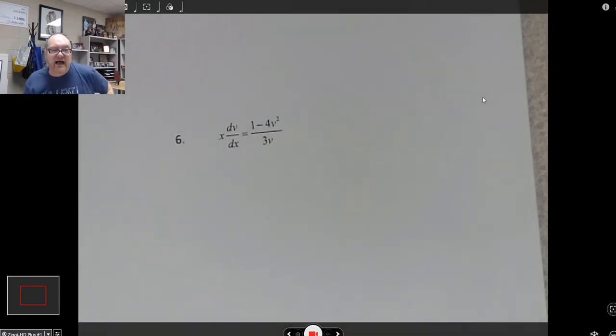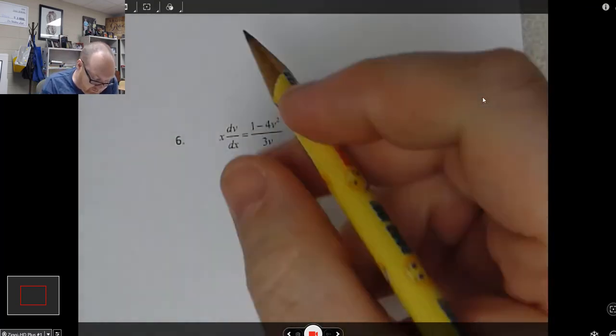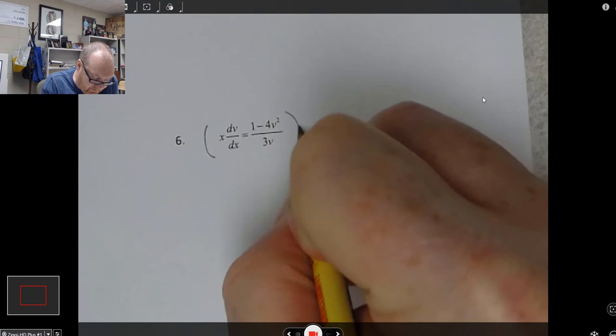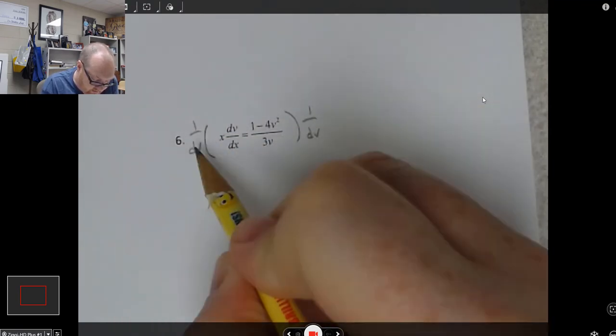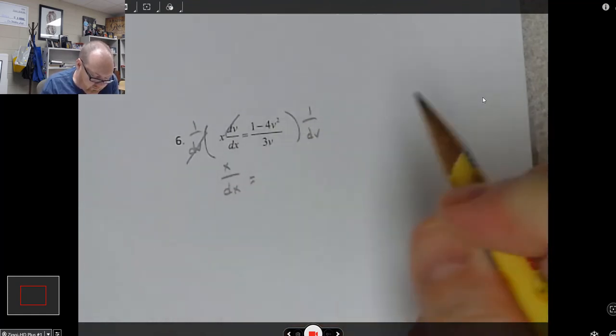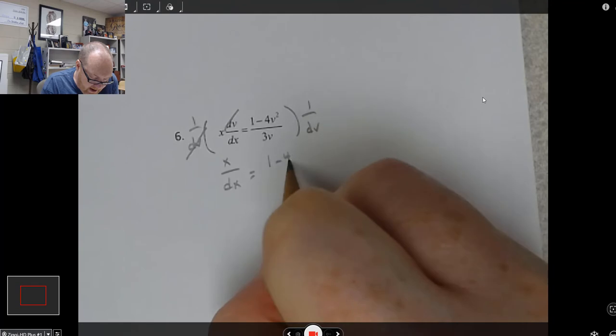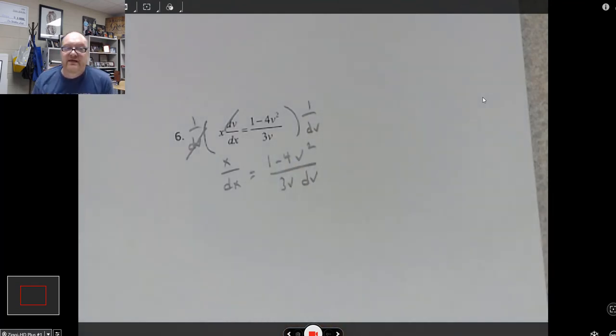It looks like, again, I didn't realize this was so close to number 2. Looks like I can multiply both sides by 1 over dv. And so I'm left with x over dx equal to 1 minus 4v squared over 3v dv.